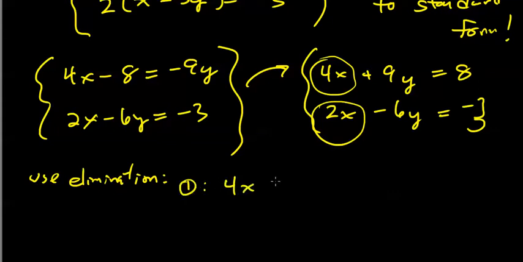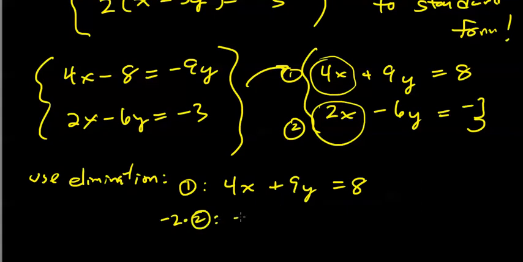Let me rewrite it. 4x plus 9y equals 8. And I'm going to take that second equation and multiply it by a negative 2. Equals positive 6, right?